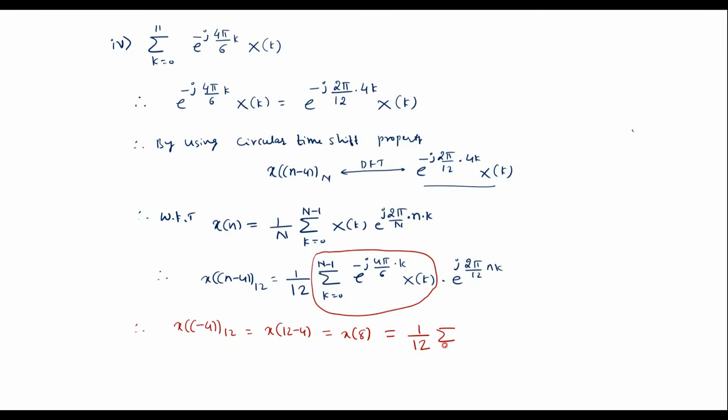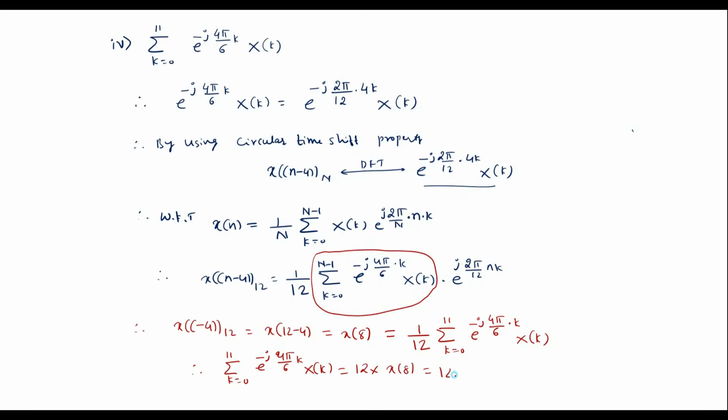Therefore, taking n equal to 0, we get x of minus 4 modulo 12, which is nothing but x of 12 minus 4, that is x of 8, equal to 1 over 12 summation k equal to 0 to 11 e power minus j 4 pi by 6 into k x of k. So summation k equal to 0 to 11 e power minus j 4 pi by 6 into k x of k will be equal to 12 into x of 8.